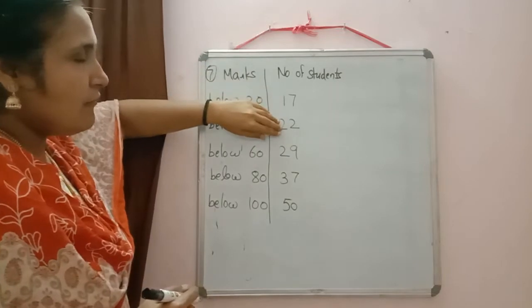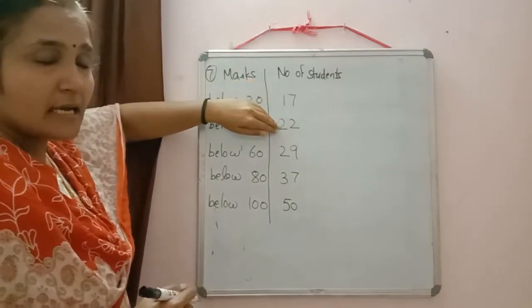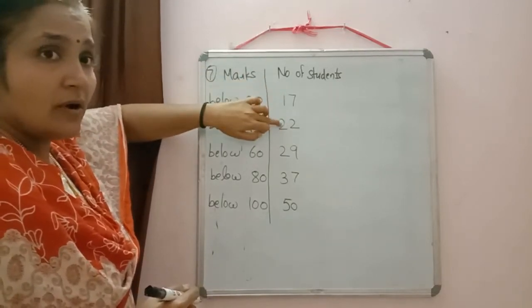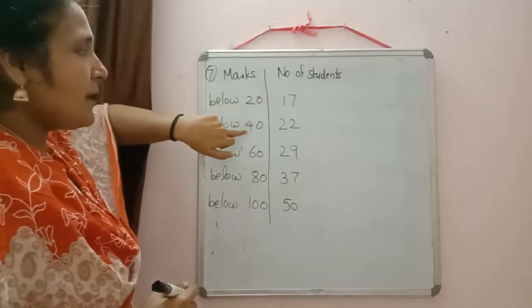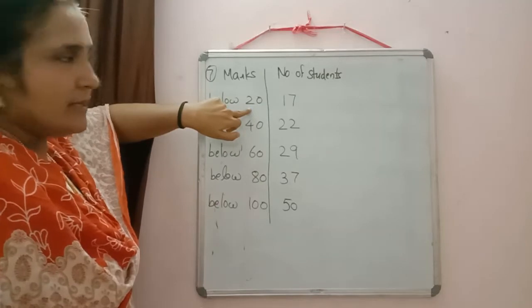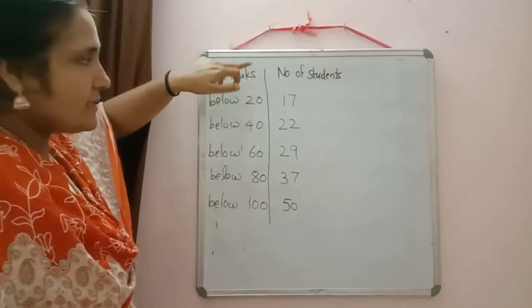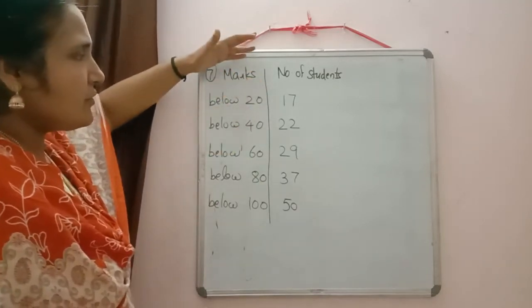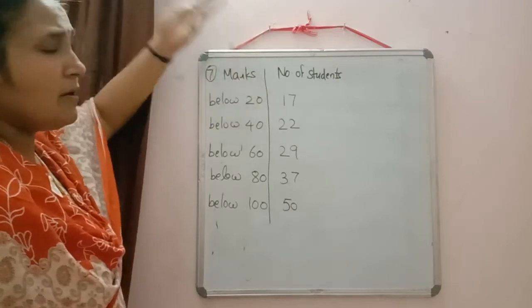So in below 40, these 17 students are also included, because if your mark is below 20, then obviously it will be below 40 also.